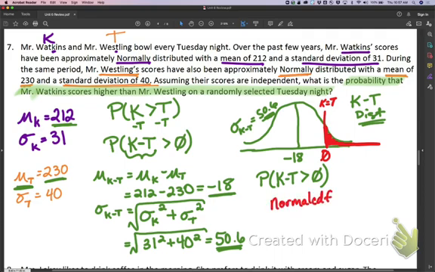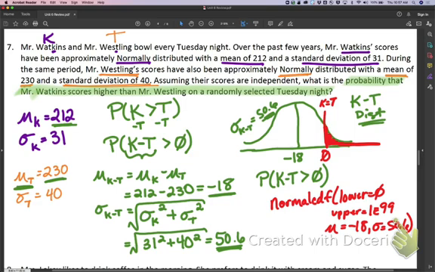All right, so all I have to do is normal CDF. The lower boundary here is 0. The upper boundary is infinity. The mean of this distribution is -18, and the standard deviation is 50.6.